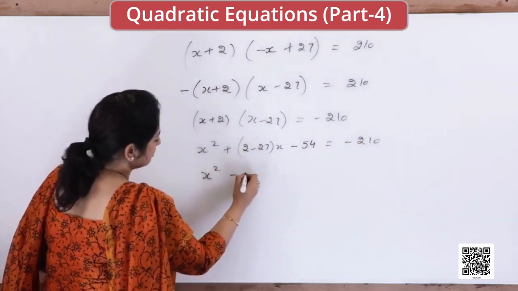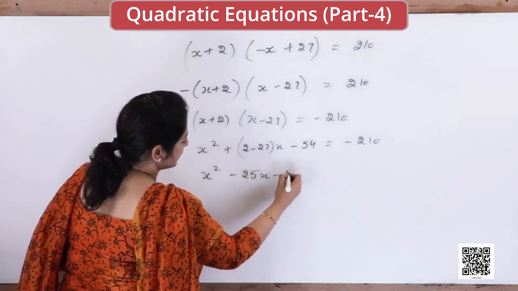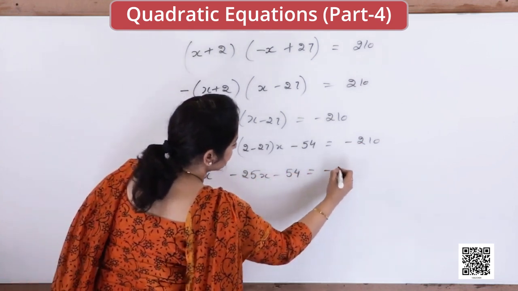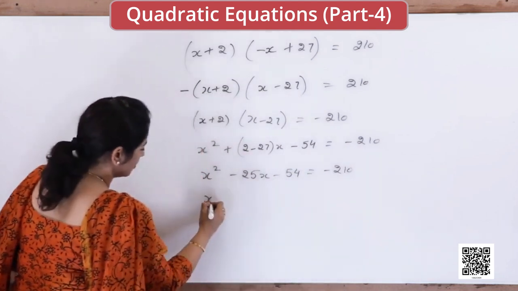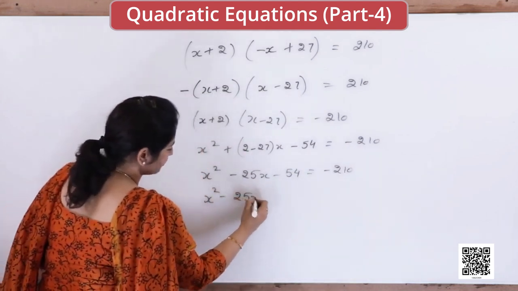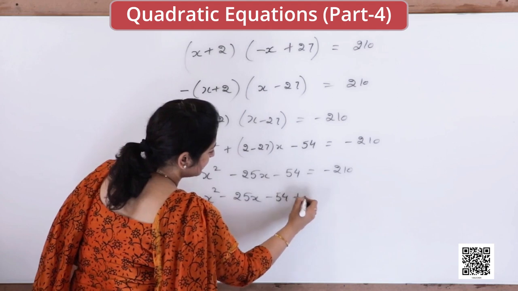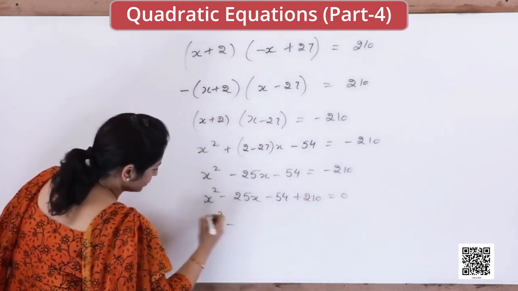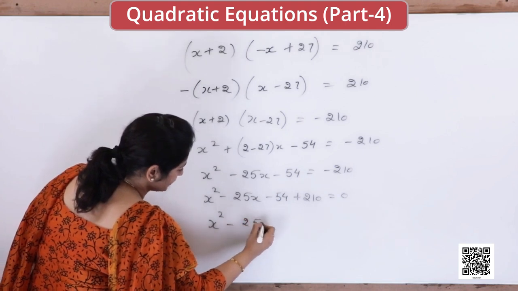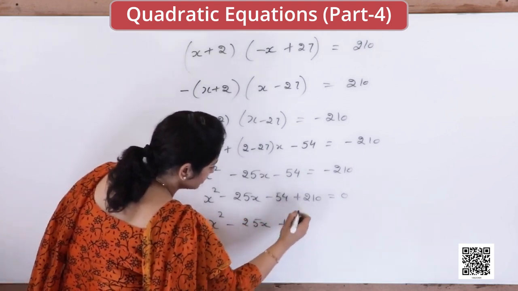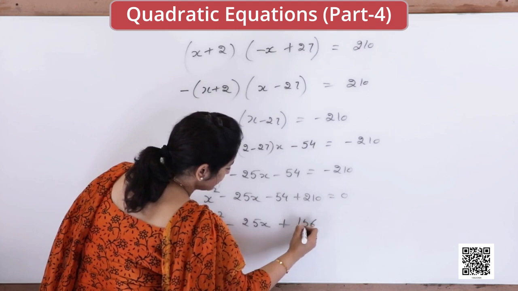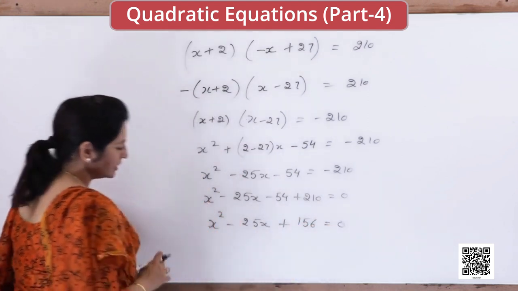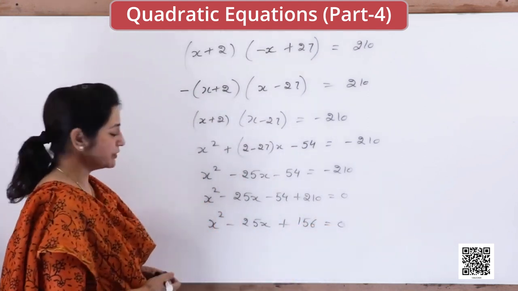So x square minus 25x minus 54 is equal to minus 210, or x square minus 25x minus 54 plus 210 equals 0. It will be equal to x square minus 25x plus 156 equals 0. Now this is the equation. We can simply solve it.